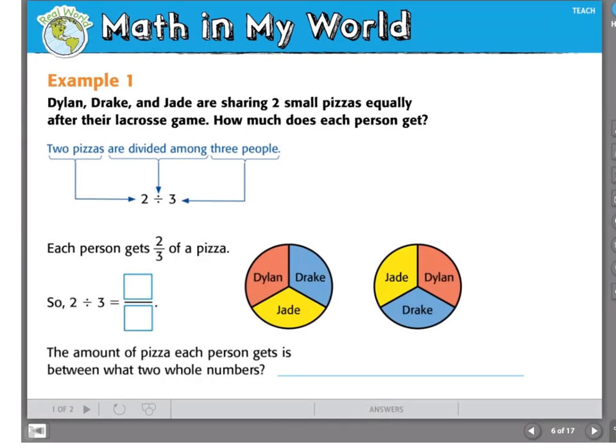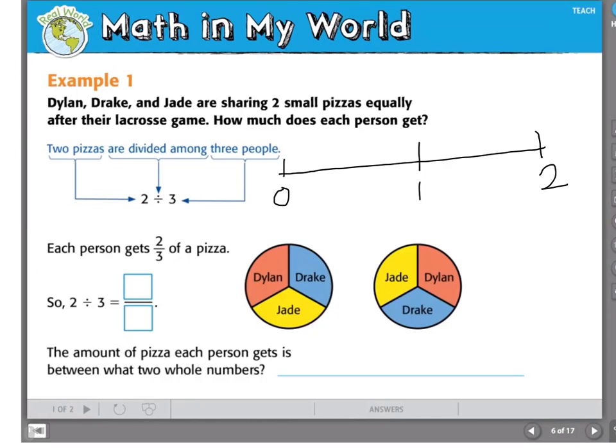What they're asking here is if I were trying to determine how much pizza each person got, and I were to place that amount on a number line, there would be 0 pizzas, 1 whole pizza, or 2 whole pizzas on my number line.